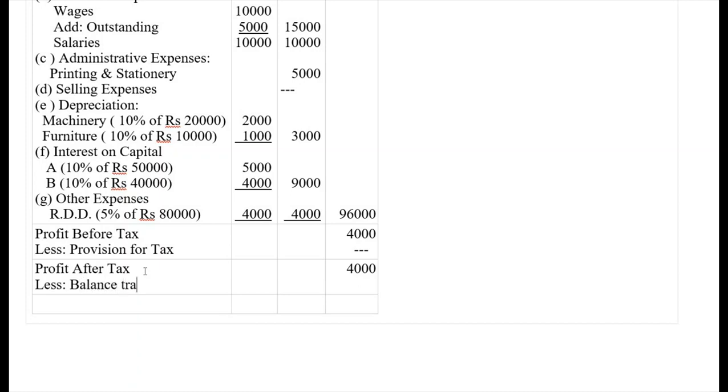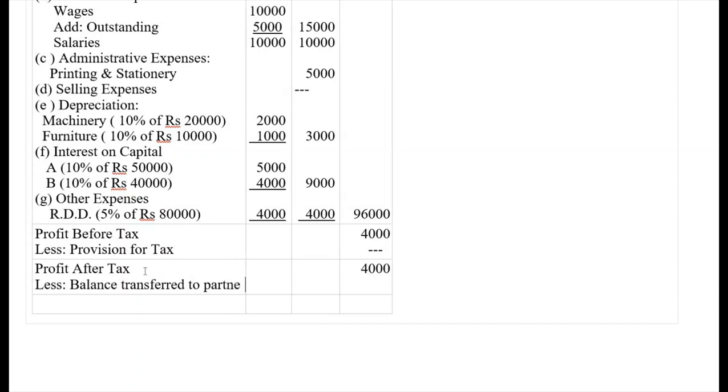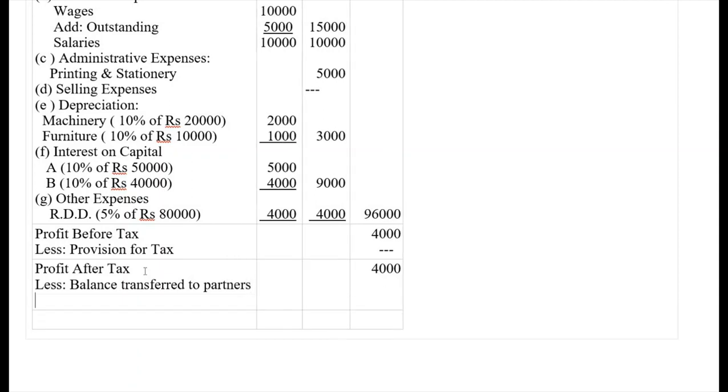balance transferred to partners. So here A, we need to calculate his share of profit. They share profit and loss in the ratio of 2:1. So 2 by 3 multiplied by rupees 4,000.